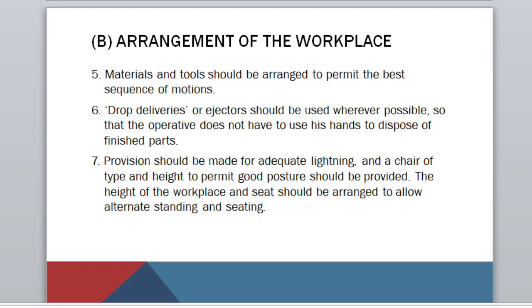So you arrange them by classifying, for example, these are screws, these are resistors, these are electrical. So you need to do the sorting, classifying according to use and according to sizes, design or dimensions. Next is drop deliveries or ejectors should be used wherever possible so that the operative does not have to use his hands to dispose of finished parts.